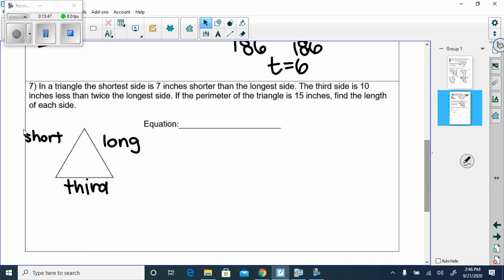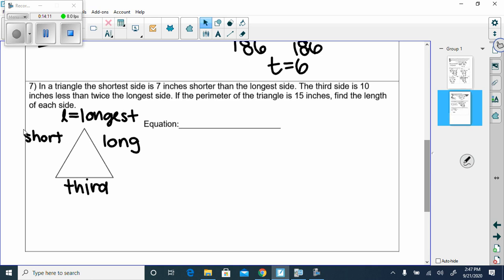Okay. And if we read these descriptions, it looks like they're all being compared to the longest side, right? All of them say something about the longest side. So, anytime they say longest, I'm just going to plug in an L for my variable. Okay, so let's read that first sentence again.